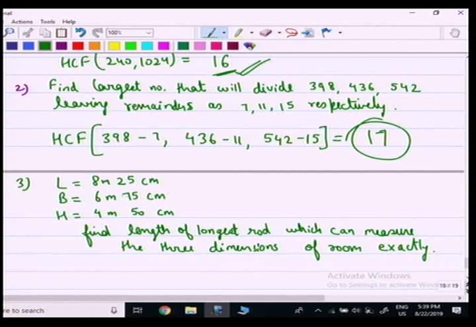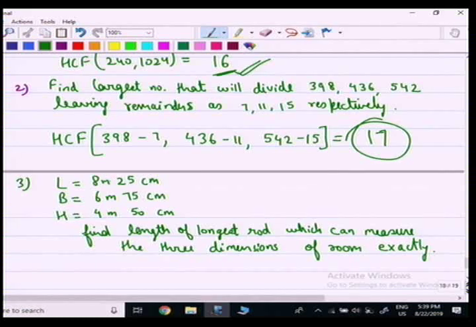And for the third one, it is asking to find the length of the longest rod which can measure 3 dimensions exactly. So basically it's asking for the longest length which divides all the 3 numbers.